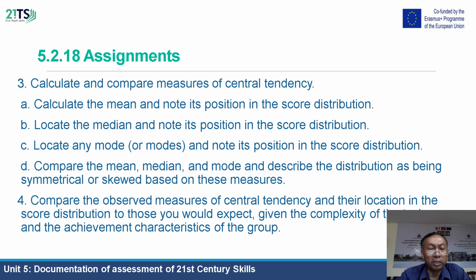D. Compare the means, medians, and modes and describe the distribution as being symmetrical or skewed based on these measures. 4. Compare the observed measures of central tendency and their location in the score distribution to those you would expect, given the complexity of the task and the achievement characteristics of the group.